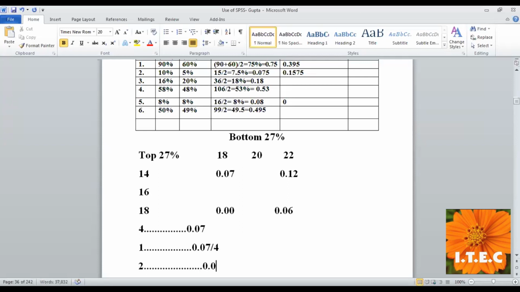So 0.07 divided by 4, and this whole has to be multiplied by 2. So that means this will be equal to 0.07 divided by 2. And this will be equal to 0.035. So this value becomes 0.035.